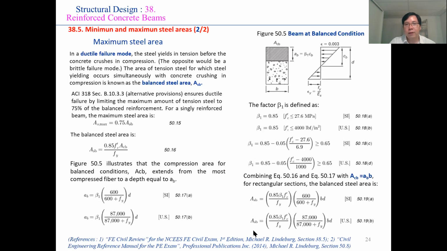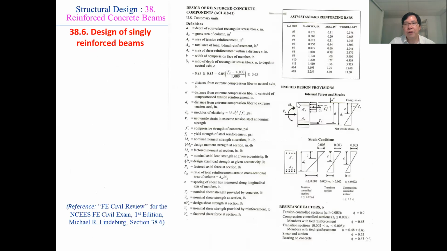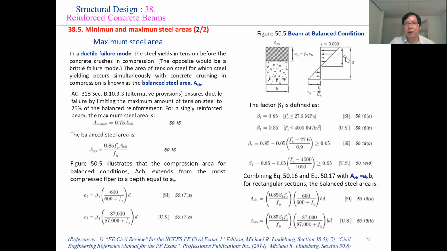This equation shows the relation between the balanced steel area and a function of beta 1, f'c, fy, and b, which is the width of the beam, and d, which is the effective height of the beam.